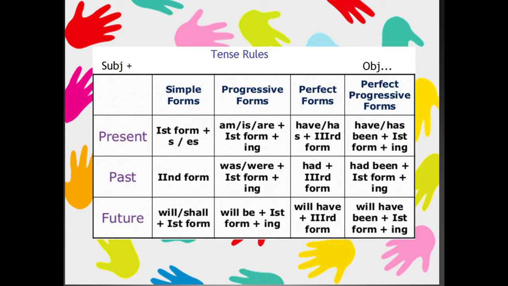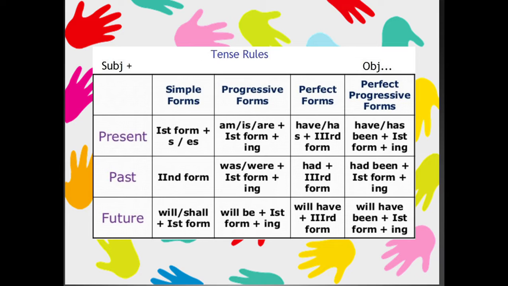So when we use the present tense, we use the first form of a verb. In progressive or continuous forms, we add am, is, are to the main verb according to the person. If it is first person singular, we add am.